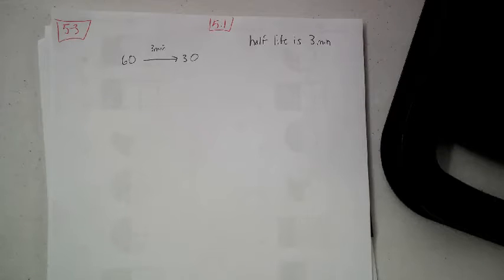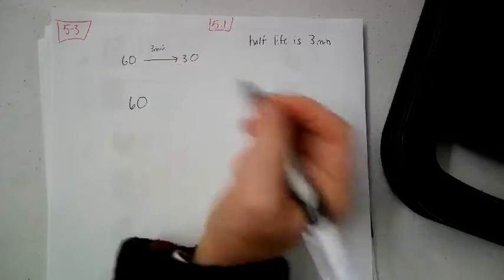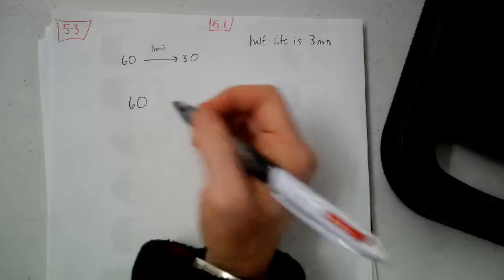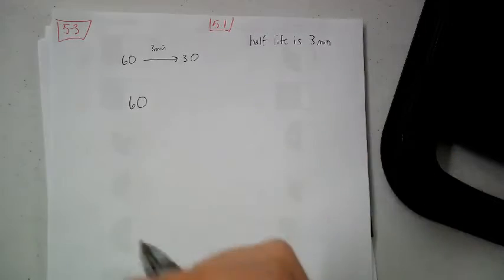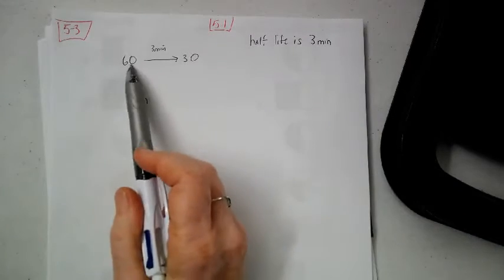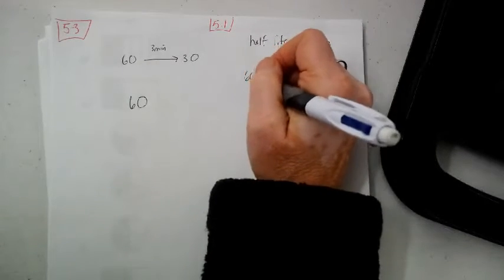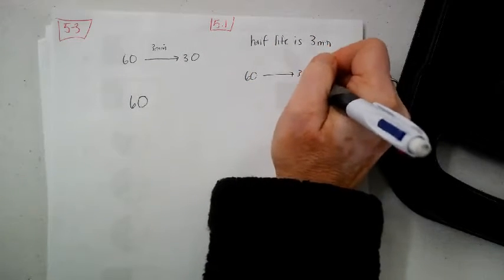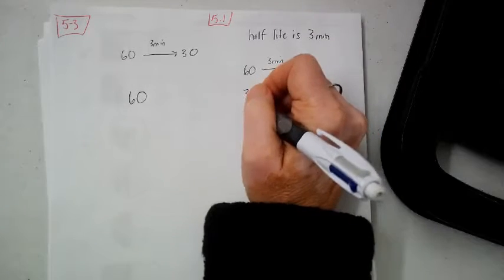How much will remain after 20 minutes? Okay, so we've got 60, and we want to know how much would remain after 20 minutes. We know after 3 minutes we've got 30. I could go like this: 3 minutes, and then I would have 30, right?